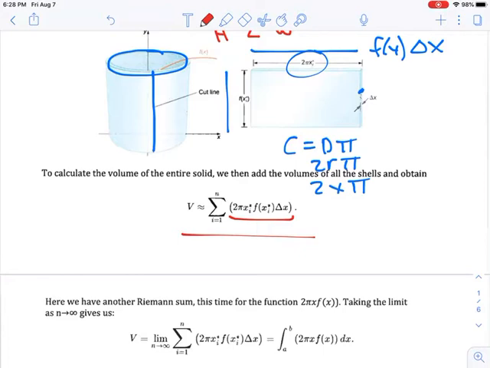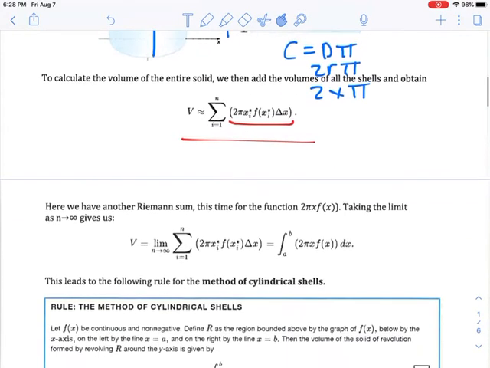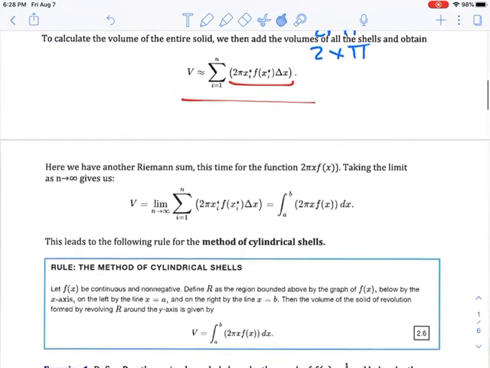Well, the next step, as always, is to take the limit as the number of shells approaches infinity. And as the number of shells, n, approaches infinity of the Riemann sum, we end up with an integral. That integral is the integral from a to b of 2 pi x f of x dx.